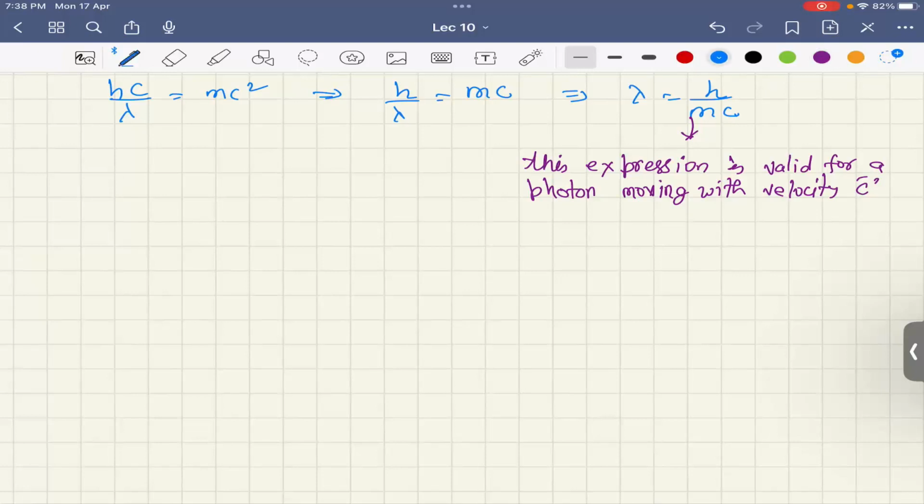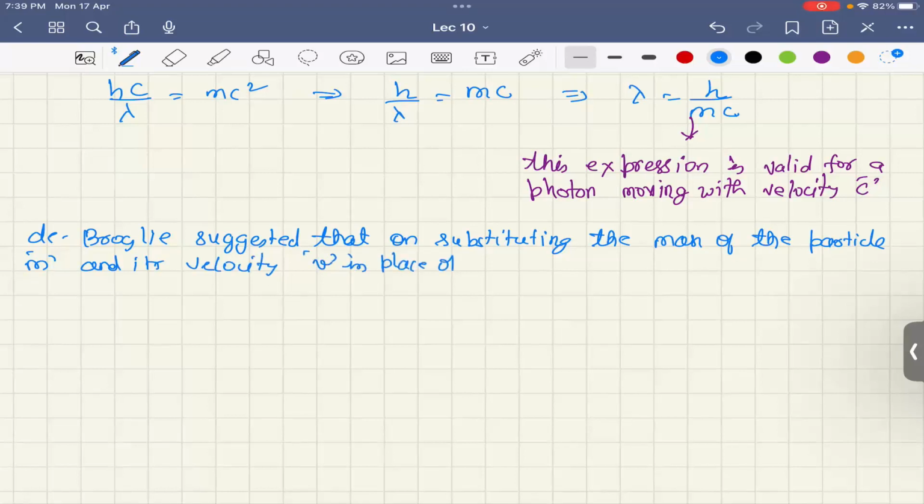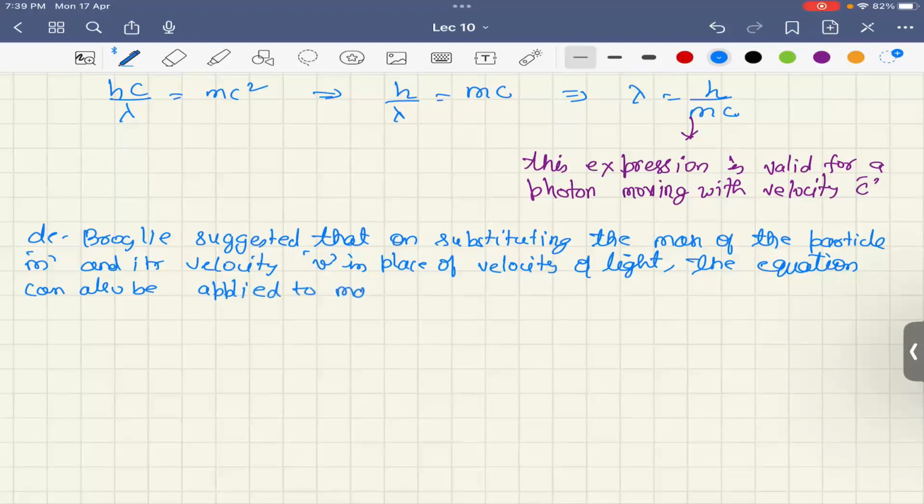So de Broglie suggested that on substituting the mass of the particle m and its velocity v in place of the velocity of light, the equation can also be applied to material particles, right?